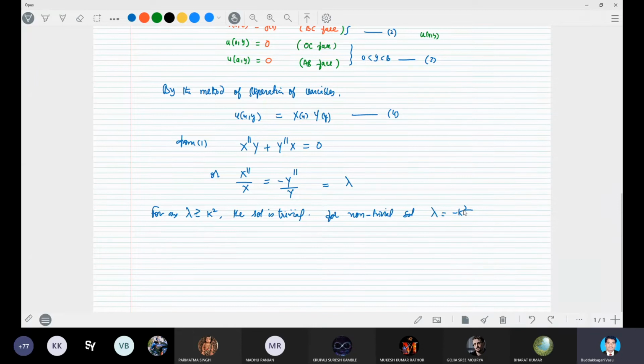In such a case, equation 5 becomes X double dash plus k square X equals 0 and Y double dash minus k square Y equals 0, right?